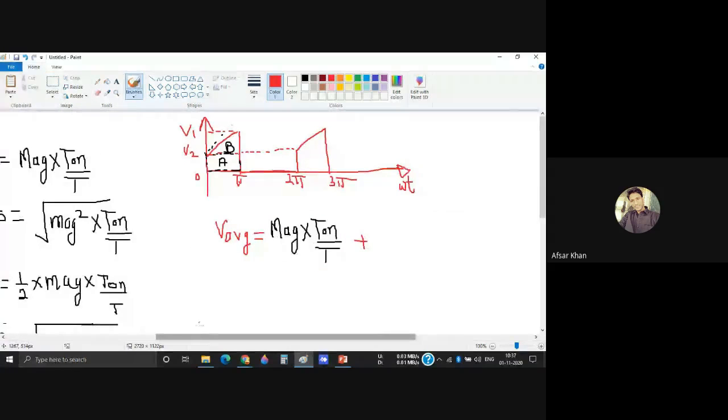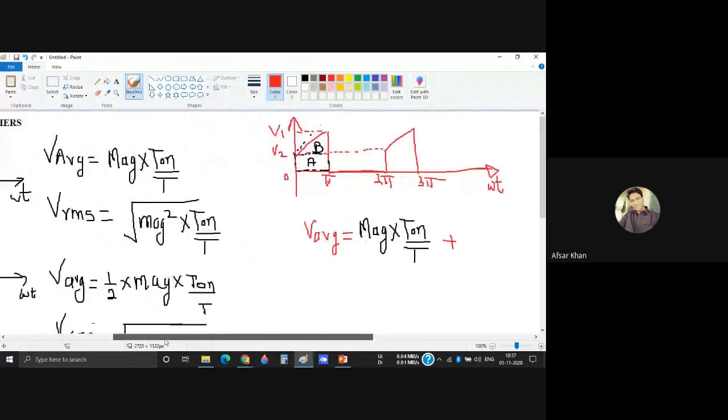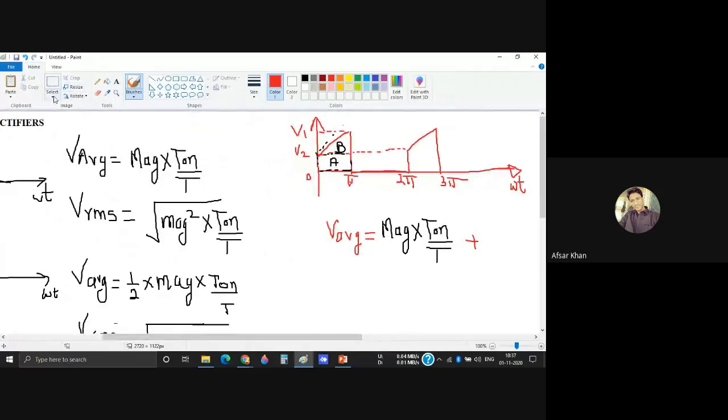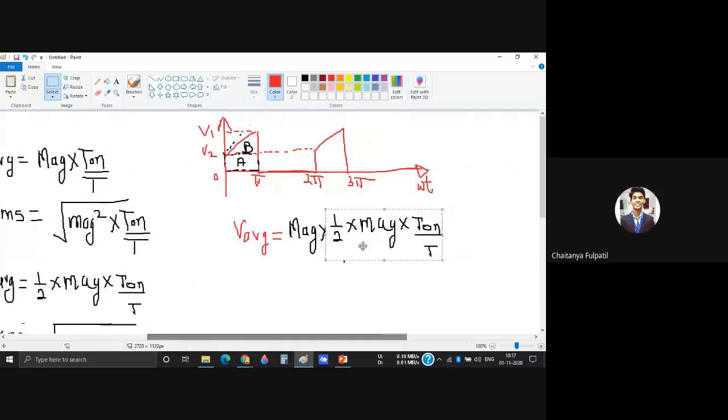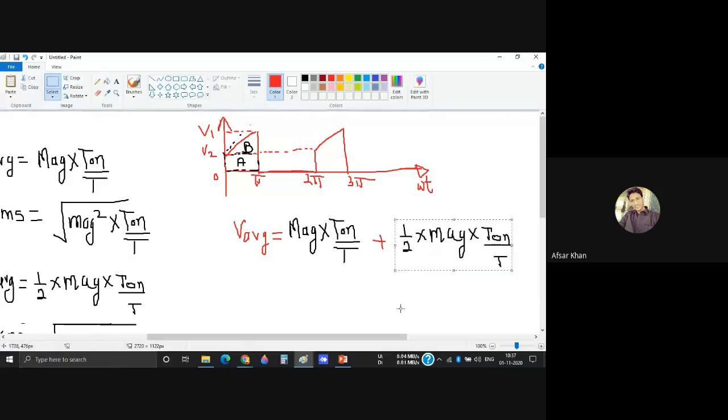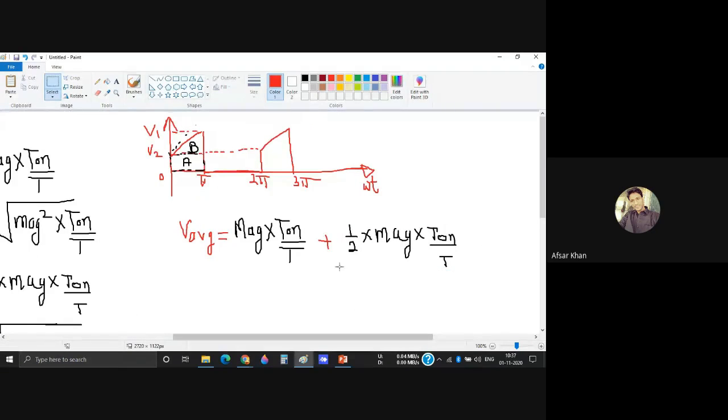What is B? B is the triangle. So where is the triangle formula? The formula for the triangle is this, the average value of the triangle. In this way we can get the average value for such types of waveforms. You will see such numericals with such waveforms also in the coming class.